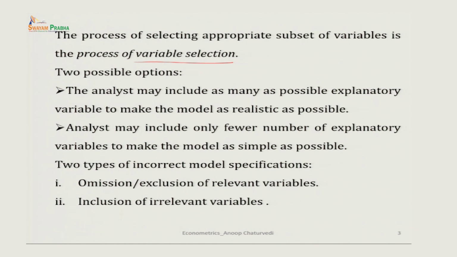And this may be possible when the analyst includes a large number of explanatory variables in the model to make the model as realistic as possible. So, these are two model misspecifications or incorrect model specifications, which one may face.